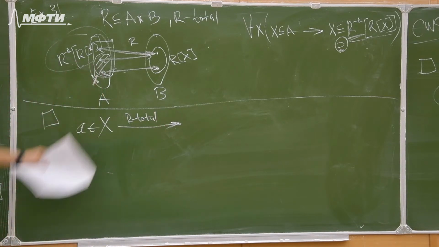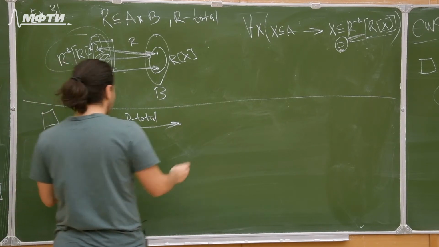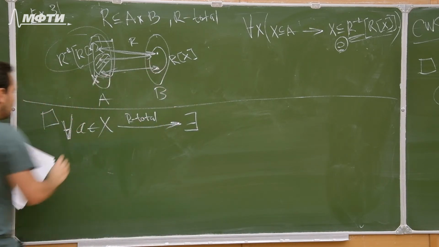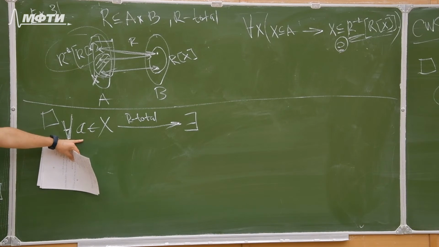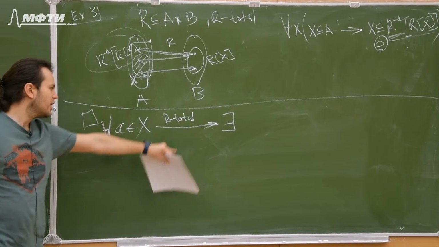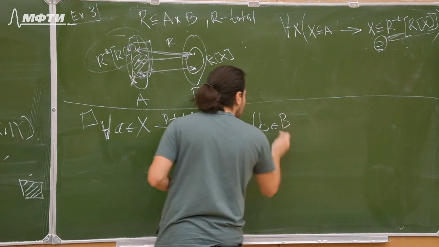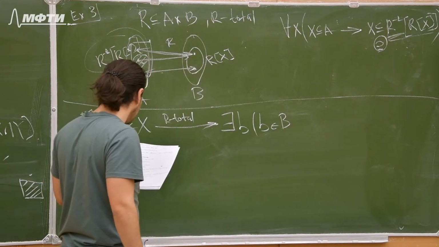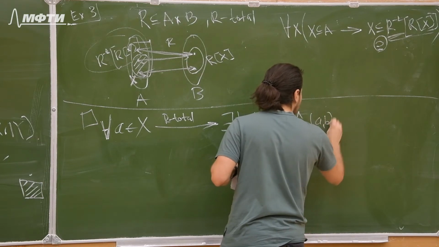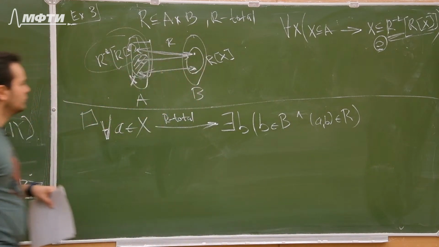And since R is total, it means that for every element A in X, there exists some B, such that B is an element of capital B, and the pair AB belongs to R, right?